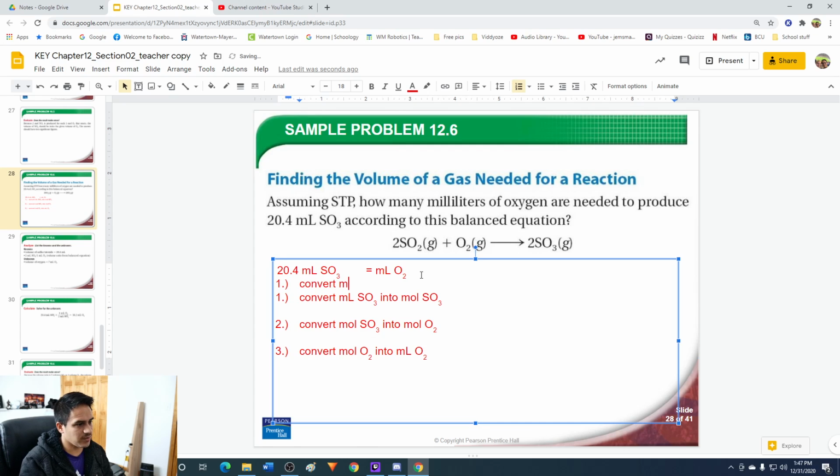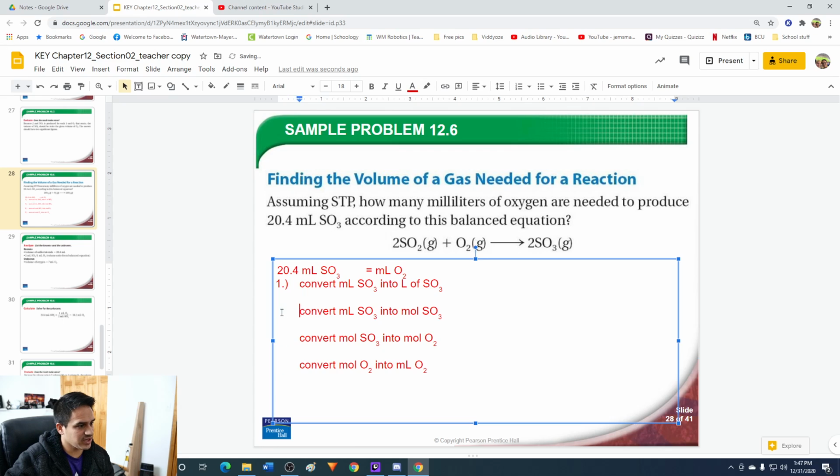Step 1 is convert milliliters of SO3 into liters of SO3. Once we've got liters of SO3, then we can convert liters of SO3 into moles of SO3. Once we've got moles of SO3, we can convert moles of SO3 into moles of O2. Once we have moles of O2, we can convert those moles of O2 into liters of O2, because our conversion factor deals with liters.